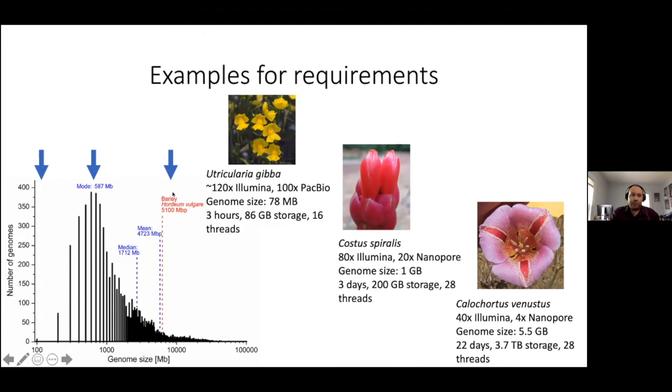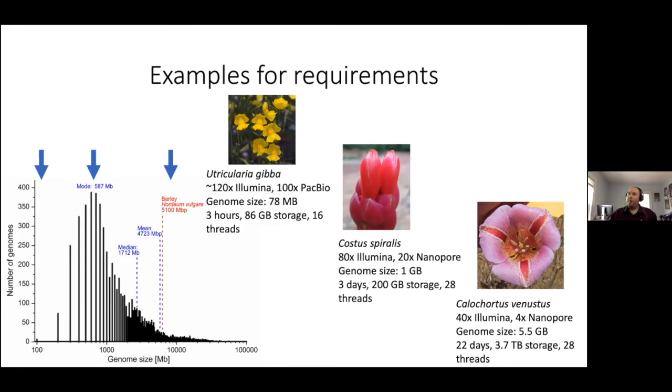Now, if you go to something bigger, say around 5.5 gigs, even when we don't have much in the way of nanopore data, this is an older run I did with 40x Illumina data and 4x nanopore data, this itself took 22 days, almost 4 terabytes of storage and 28 threads.